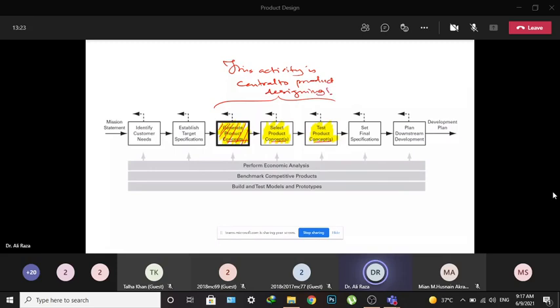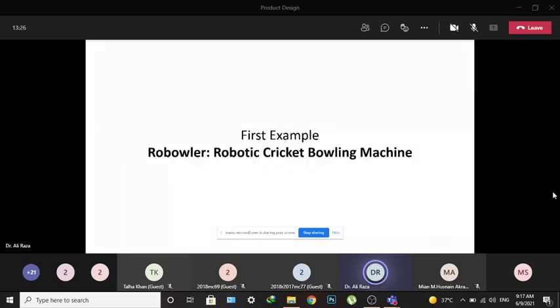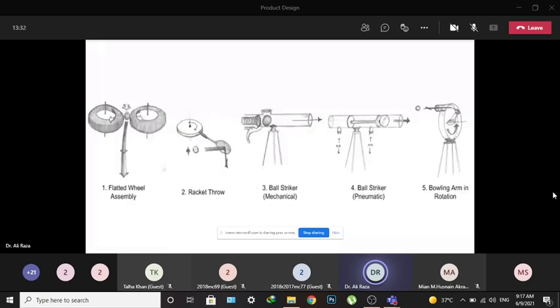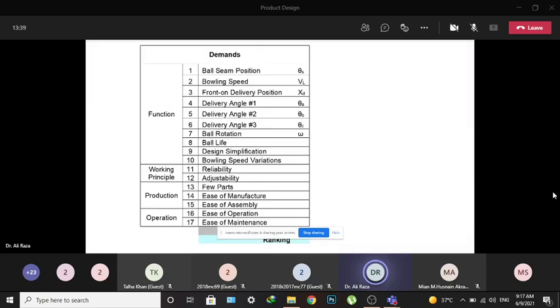All right, let's move on. Last time we saw this first example of a robotic boiling machine, and in that we identified different concepts, and the pros and cons of those were discussed. Then we made use of the understanding of the biomechanical properties of the boiling action.